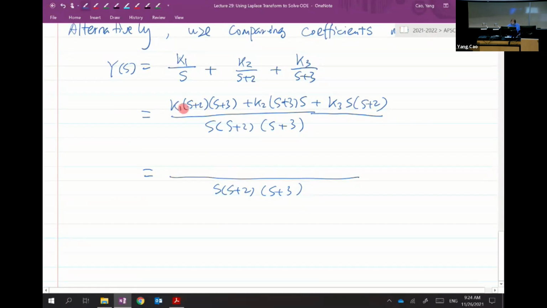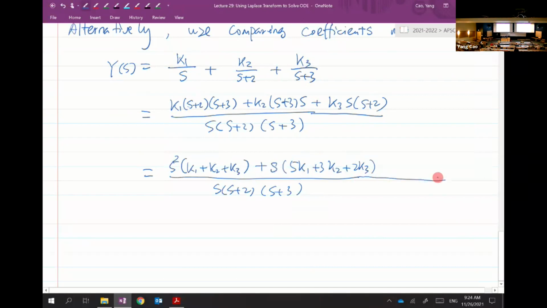We multiply everything out and group similar terms. Grouping similar terms basically means associating the s to the power 2 terms together, so you get k1, k2, k3, and also associating all the terms with s to the power 1 together. Of course, you have to simplify a little bit and you get this. So just try to calculate really carefully.